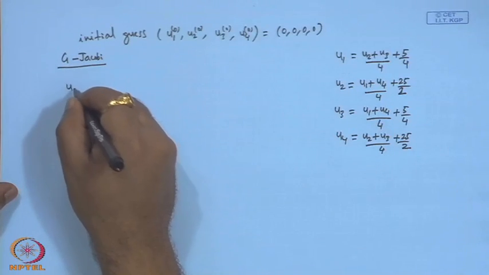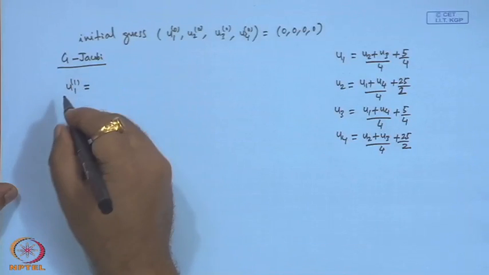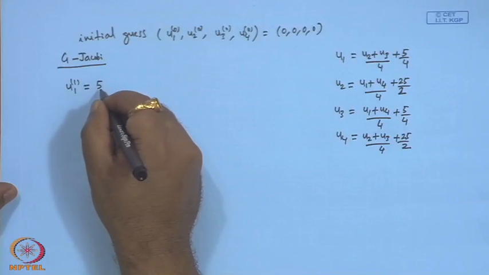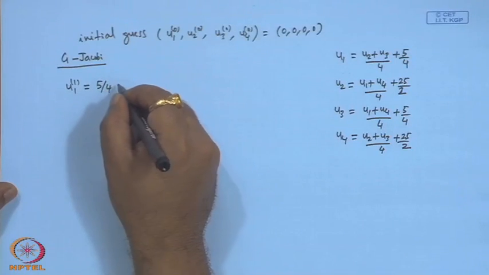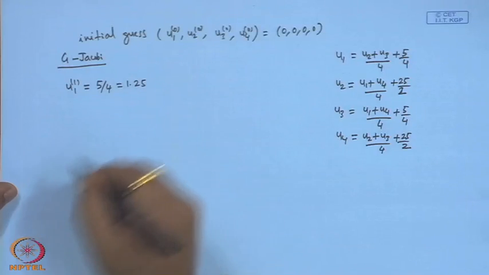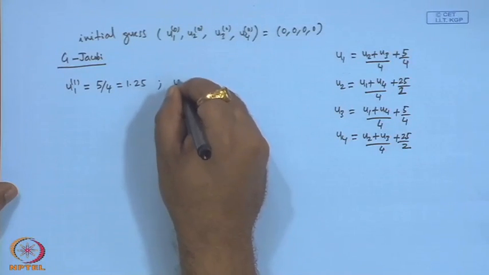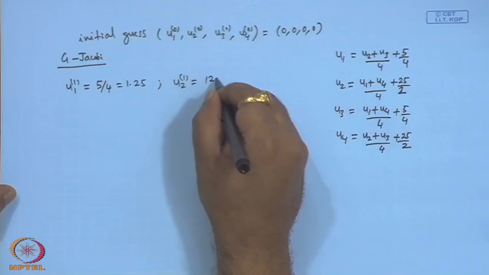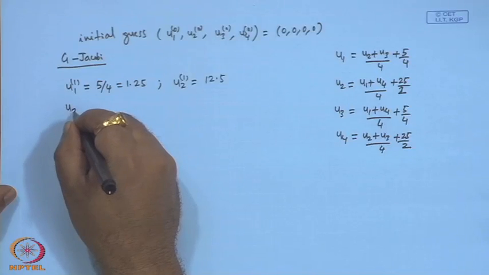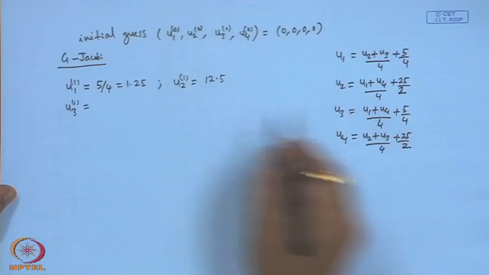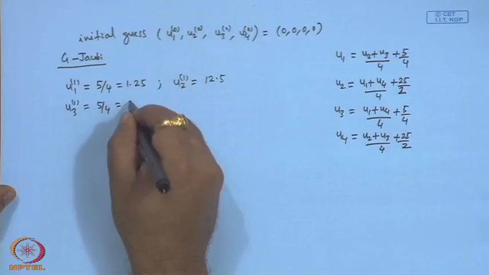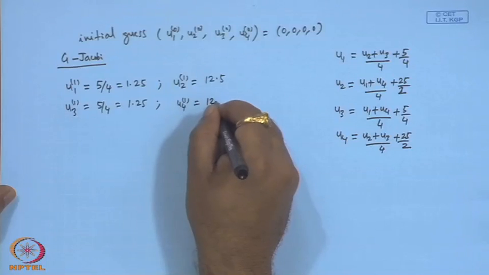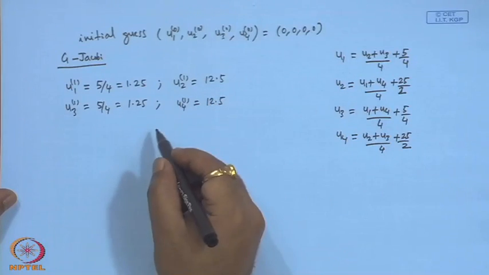So, u 1 1 equals, so u 2 0, u 3 0. So, therefore, 5 by 4. Okay. Then u 2 1. So, these are 0, 25 by 2, then u 3, we get this.